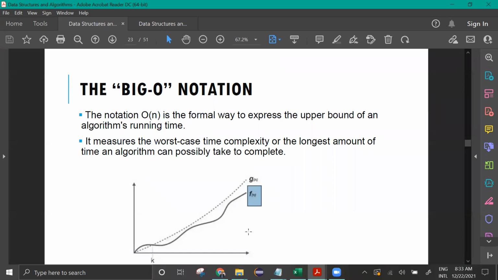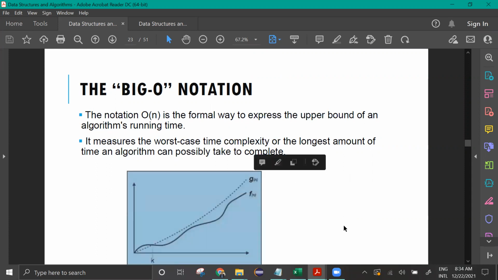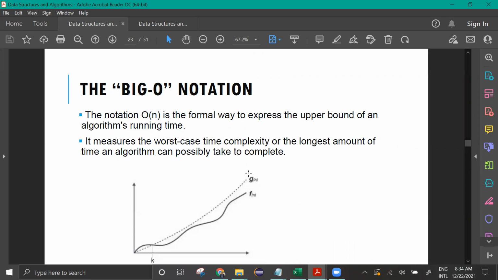When it comes to algorithm analysis, we check how the algorithm's time changes with the input size, how it changes as a function, and then we find the upper bound of that function.